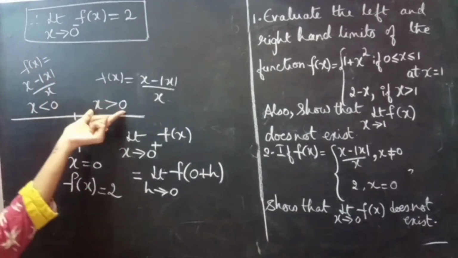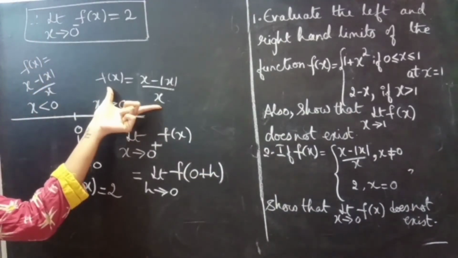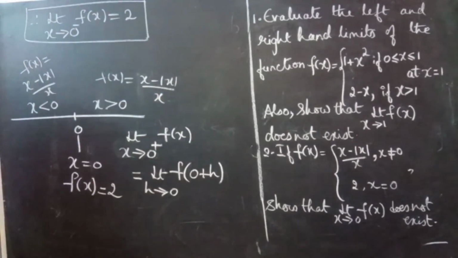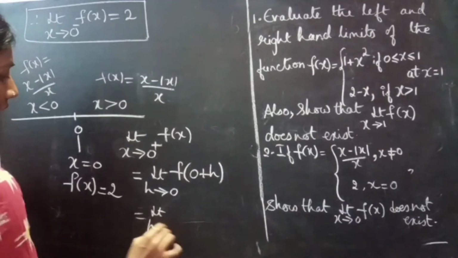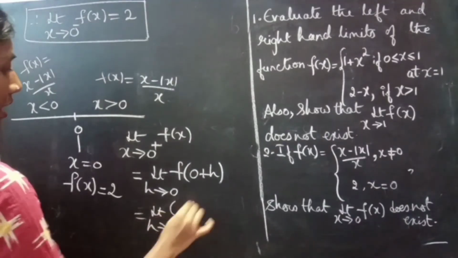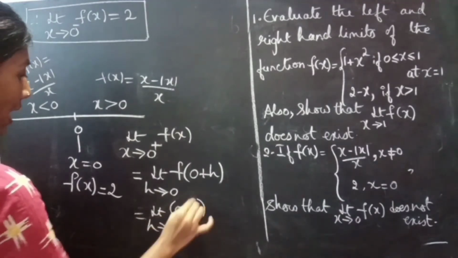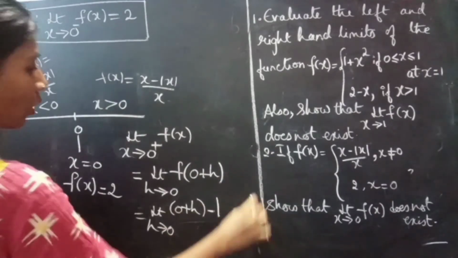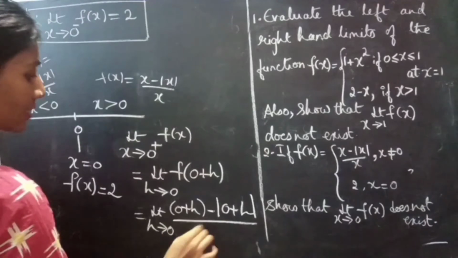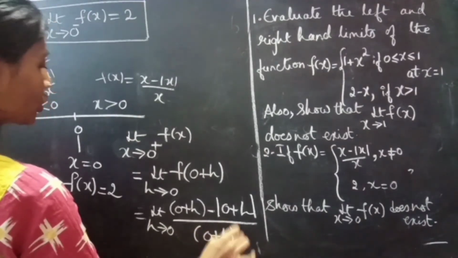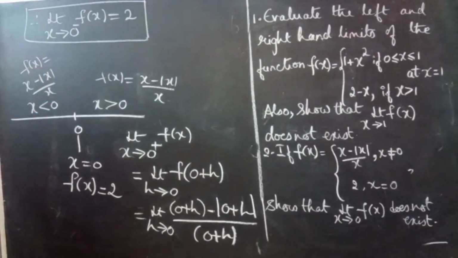Okay, when x is greater than 0, again you will have function f of x equals x minus mod x by x. So this equals limit h tends to 0 x, that is 0 plus h, minus mod x, that is mod 0 plus h, divided by x, that is 0 plus h. Okay.